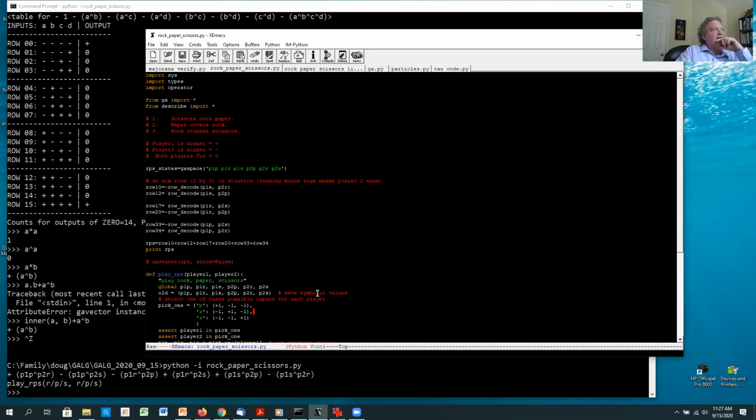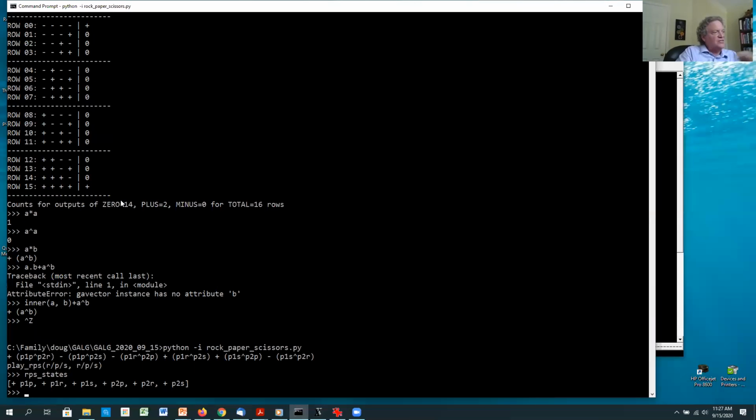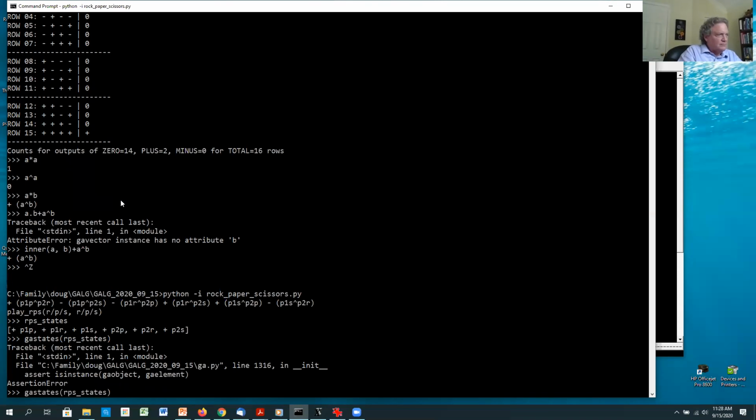What I realized is if I take these expressions here, I defined a bunch of vectors, this GA space, these are the GA states. If I look at that, this is the list. If I say, go get me the GA states on that list, I can't just pass a list, I have to add a sum of those.